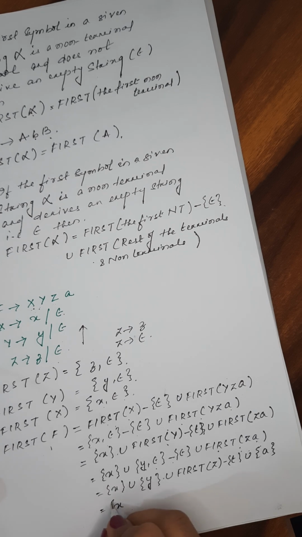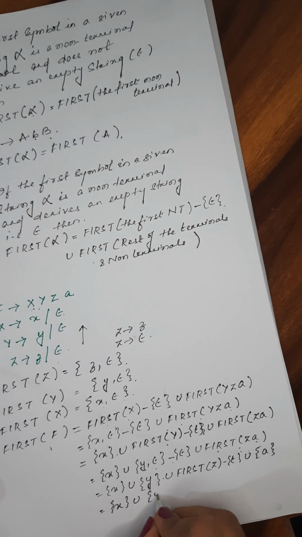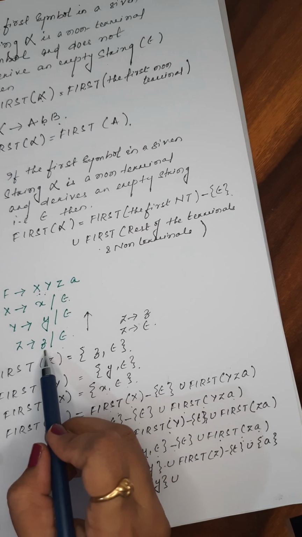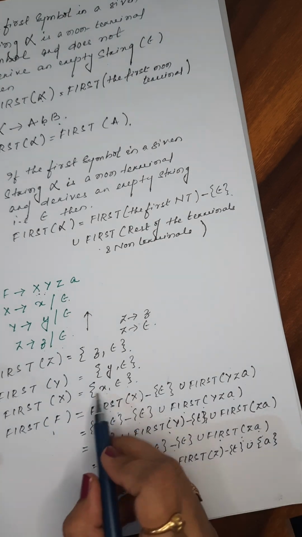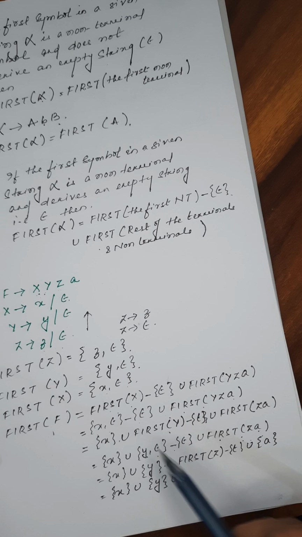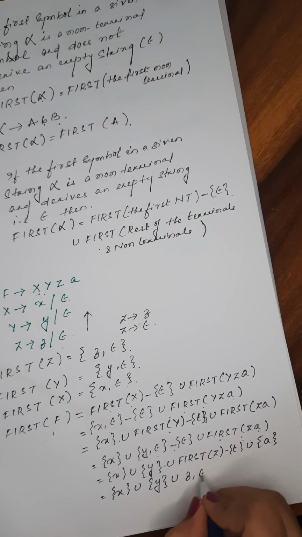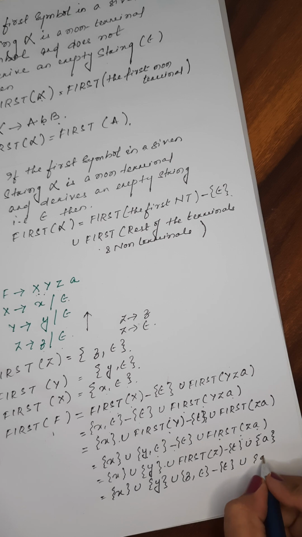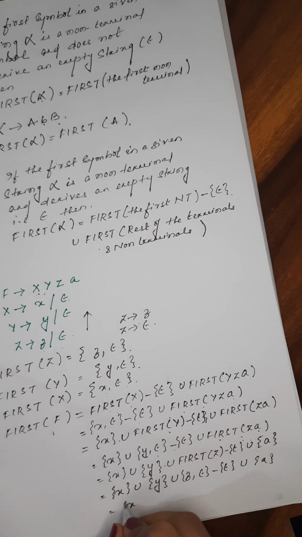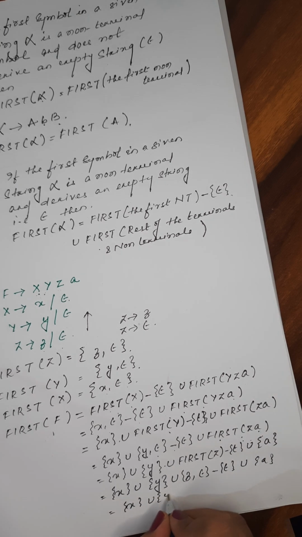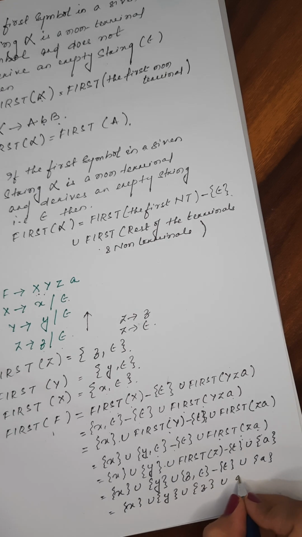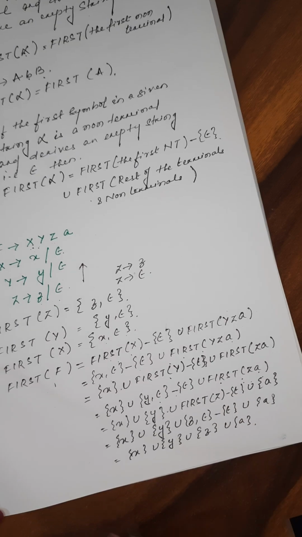That is equal to x union y union, what was your first of z? First of z was z epsilon. Z epsilon we have already calculated over here. So, z epsilon minus epsilon union A. Now, write it x union y union z union A. Now, combine all.